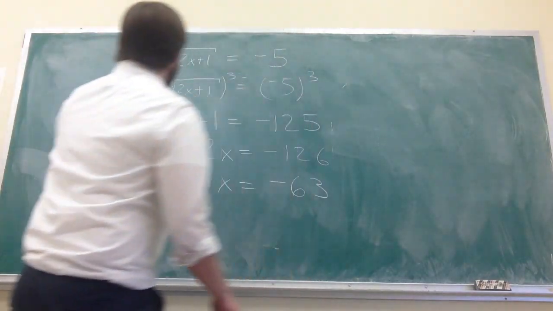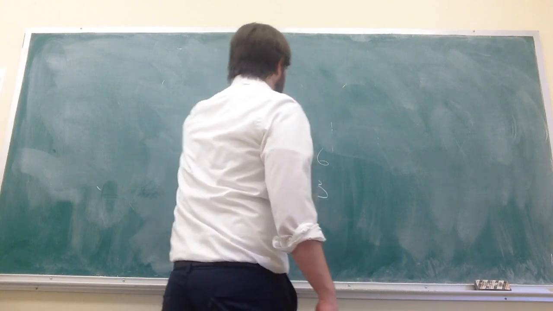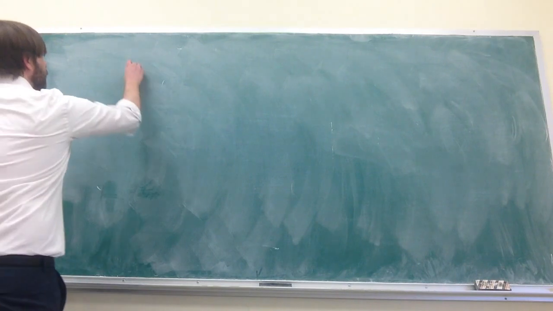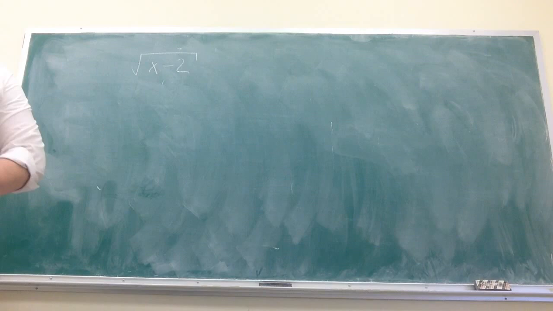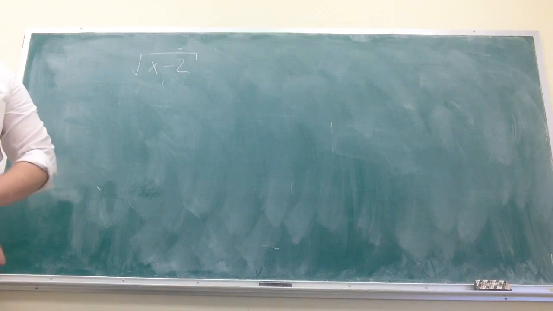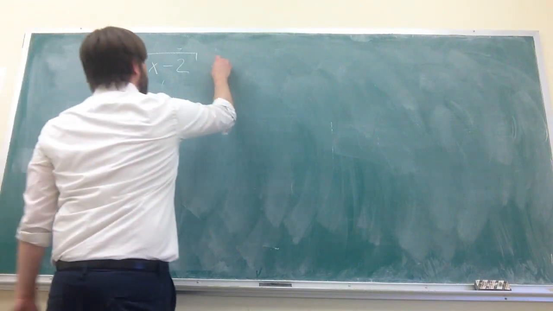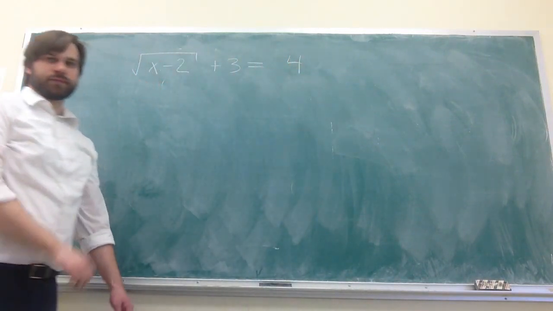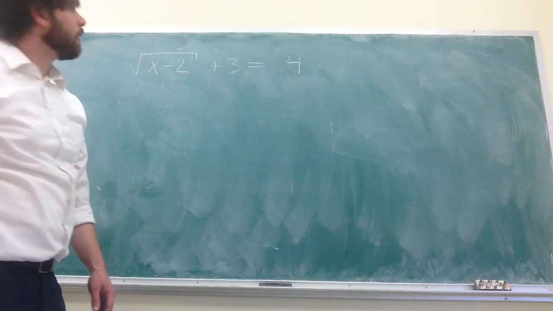Now, where things get more interesting is when we have a square root plus a little something extra. Let's say we've got the square root of x minus 2 plus 3 equals 4 plus x.